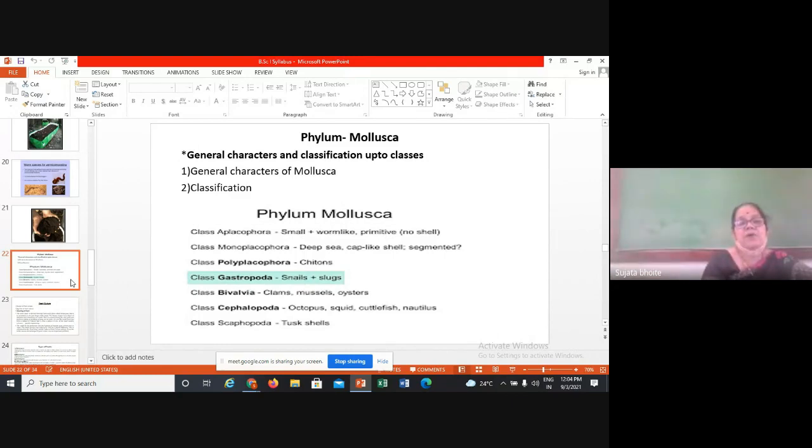Class Polyplacophora, for example, chiton. Class Gastropoda, examples are snails and slugs. Class Bivalvia, clams, mussels, oysters. Class Cephalopoda, examples are octopus, squid, cuttlefish, and the nautilus. And the class Scaphopoda, tusk-like shells.